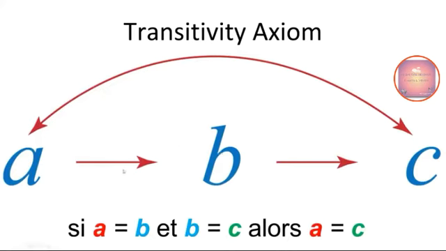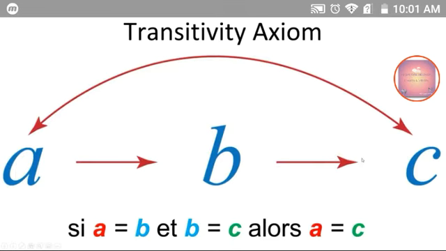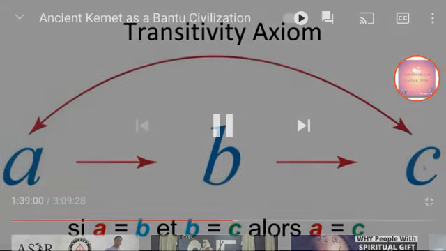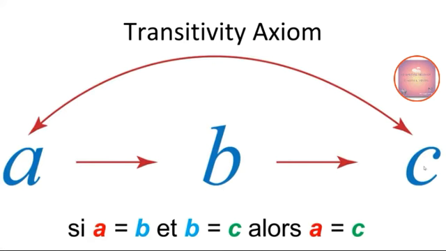What you're seeing here is that if A implies or equals B, and B implies or equals C, therefore A equals C. I hope y'all get that. If A implies or equals B, and B implies or equals C, A therefore equals C, because they're all equivalent.